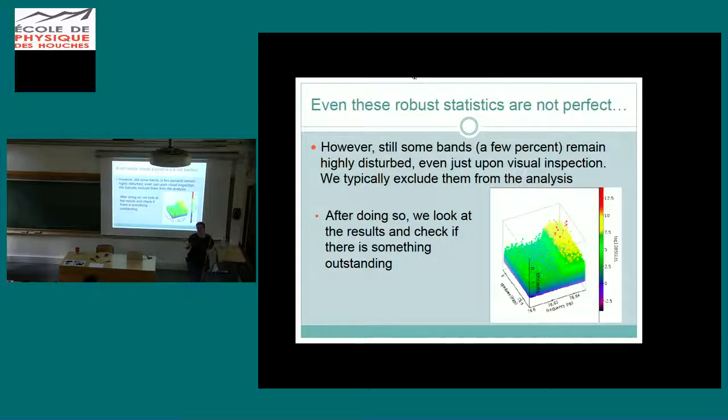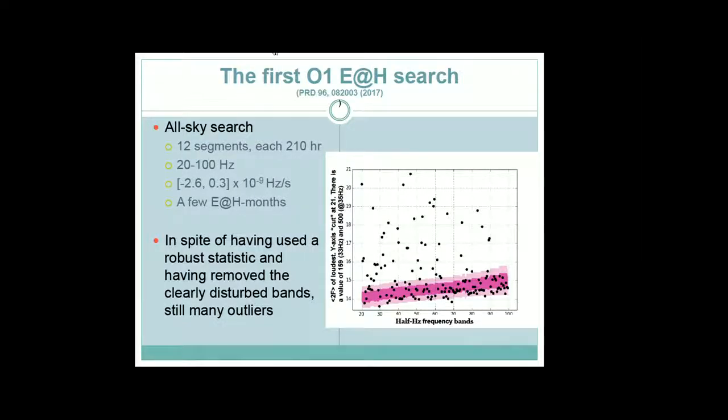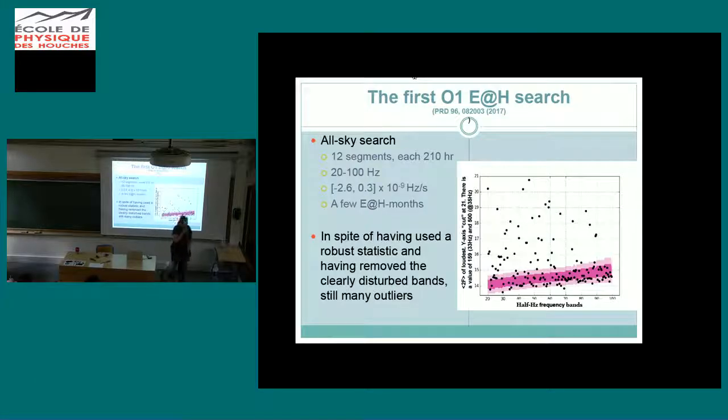Still, even being very clever, there's still stuff that clearly looks like a disturbance, but has passed through all our clever detection statistics. A good example was the first Einstein@Home search that we ran on the O1 data, at really low frequency.